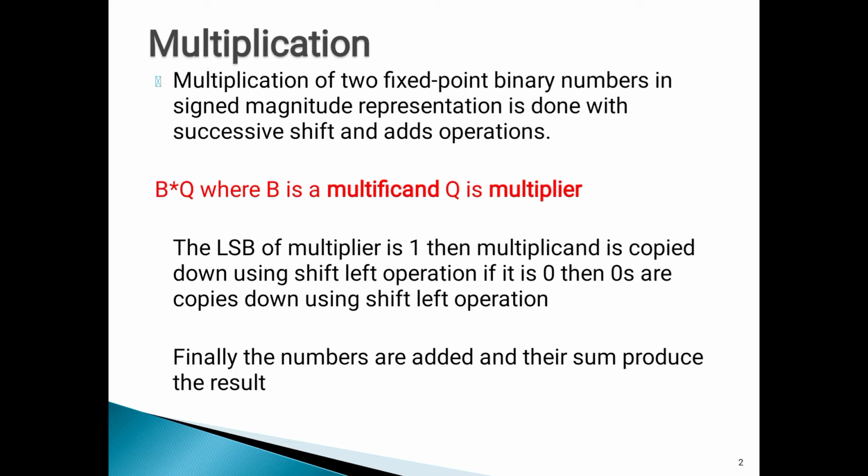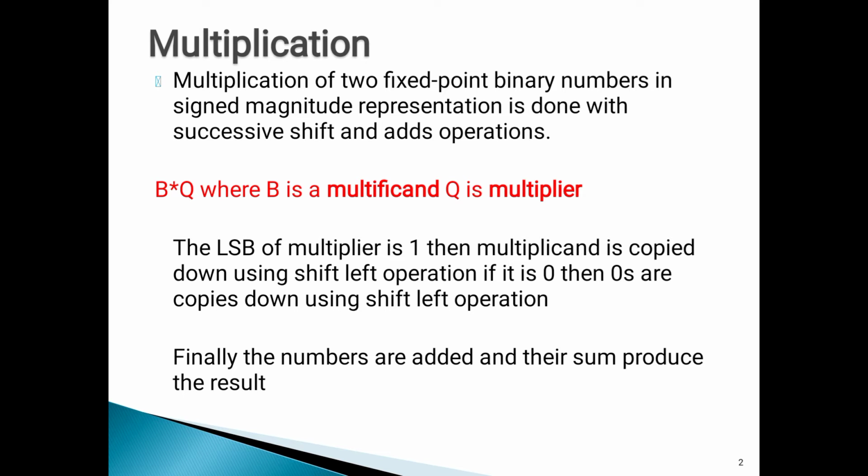For example, if you take a general multiplication operation, that is 5 into 6. So here 5 is B and 6 is Q, where 5 is known as multiplicand and Q is known as multiplier, right?